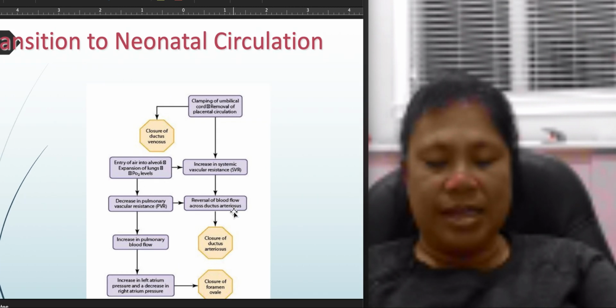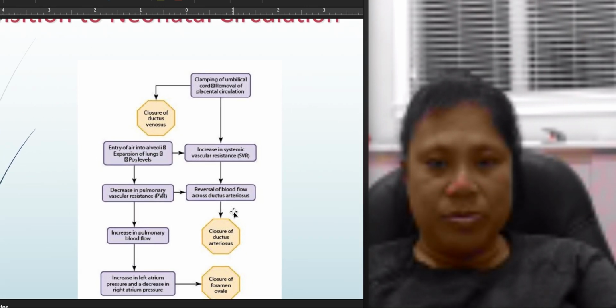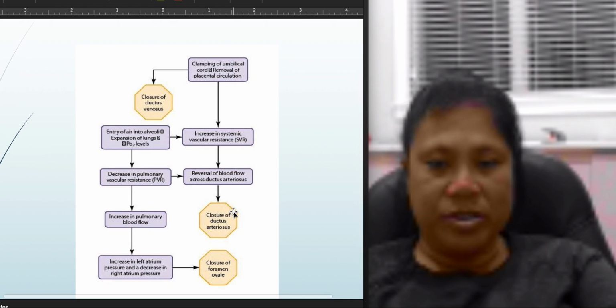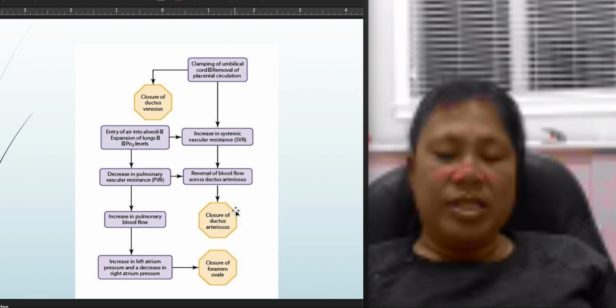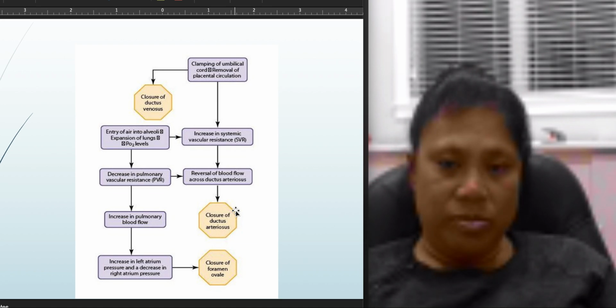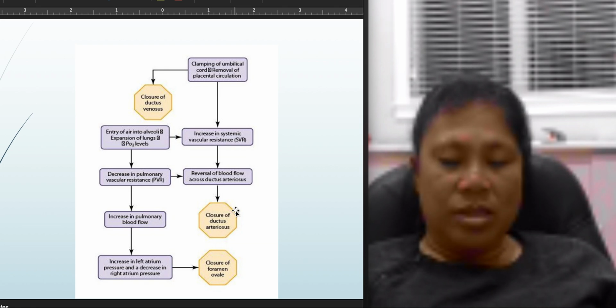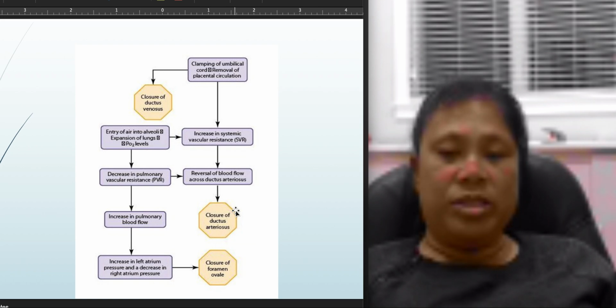Here's another slide that I love. It's about the transition to neonatal circulation. So I'm going to try to focus on this slide here. Once the infant is delivered and comes out of the womb, out into the atmosphere, into the environment, from the uterus to the outside, and once the physician or the midwife clamps the cord, these 3 things happen.